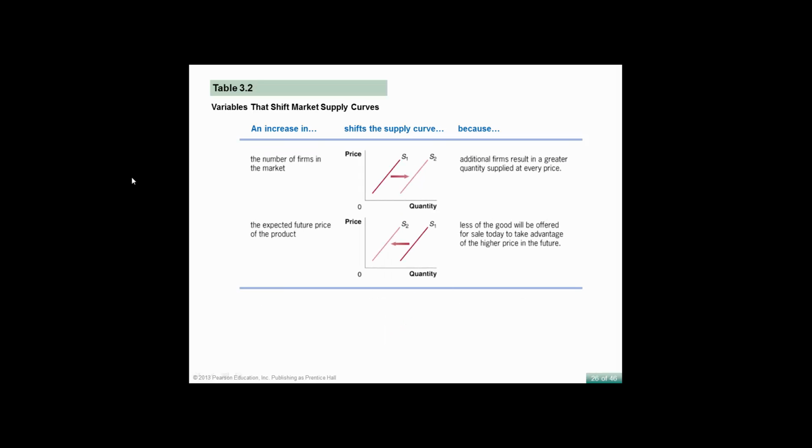If there's an increase in the number of firms in the market, then supply will shift right or increase. Additional firms result in greater quantity supplied at every price. If there's an increase in the expected future price of a product, they'll stop supplying the good today and wait until they can sell it for a higher price. So shift left, decrease.